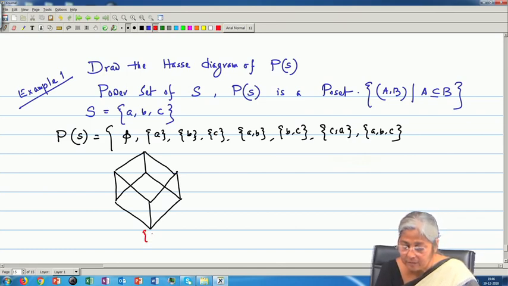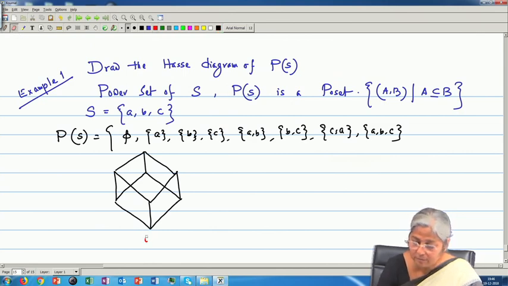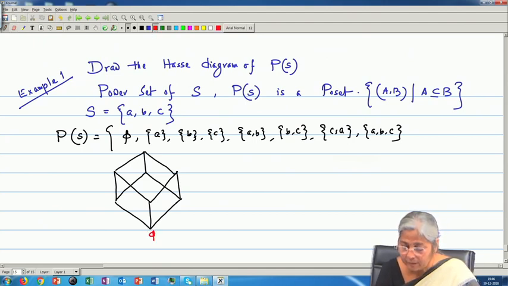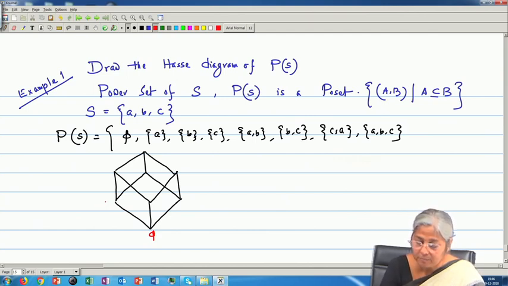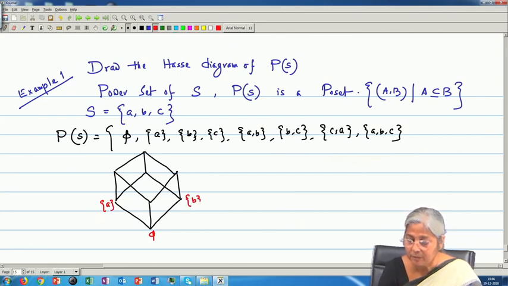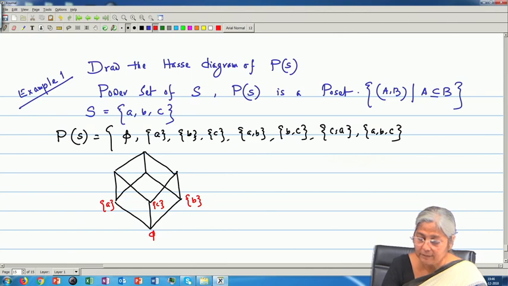This is my null set. So this is my A, this is my B, this is my C. Now A and C, so this connection, this node must be my AC.